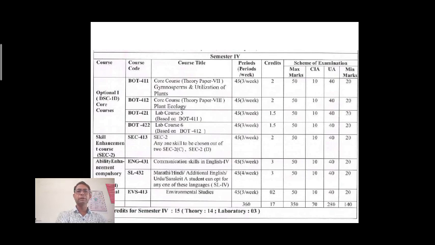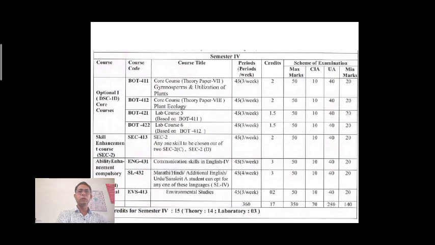The next one is the ability enhancement compulsory course, which has communication skill in English and Marathi, Hindi, additional English and so on for the second language. In addition to this, there will be environmental studies, which is included in semester 4.